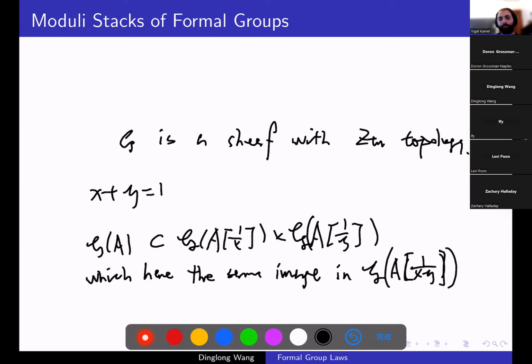Also, the functor is coordinatizable locally with respect to the Zariski topology.